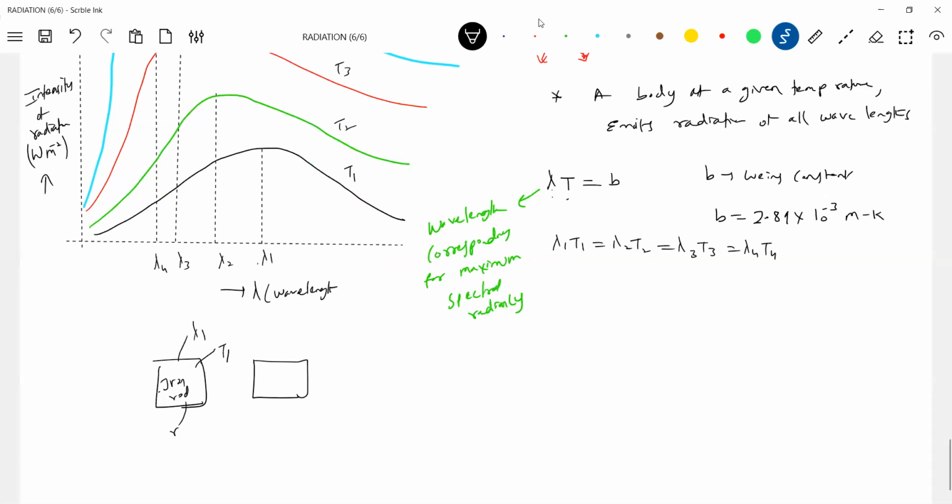Now, when it is in orange color, it will have temperature T2. When it becomes yellowish, I think I'll put lambda O, TO. Let me use proportional symbols.